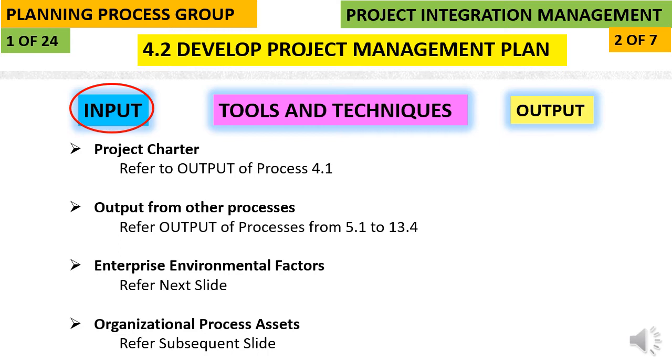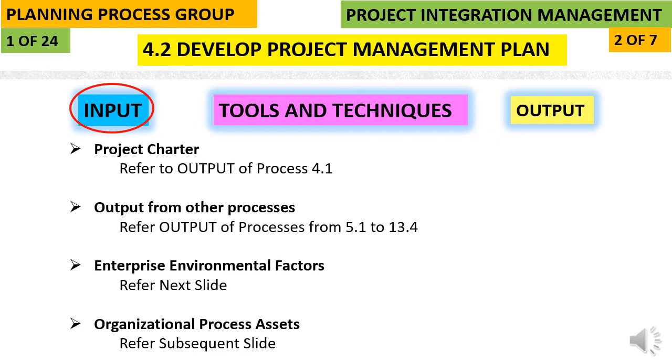The inputs for the process develop project management plan. The first one is project charter, which is an output from the earlier process. The project team uses this project charter as a starting point for initial project planning.